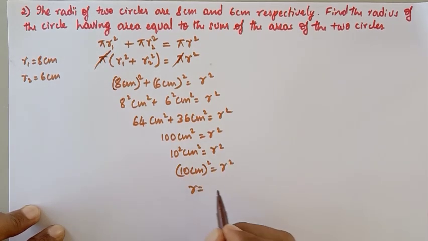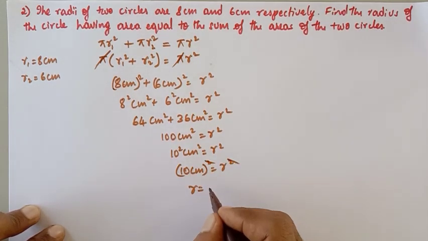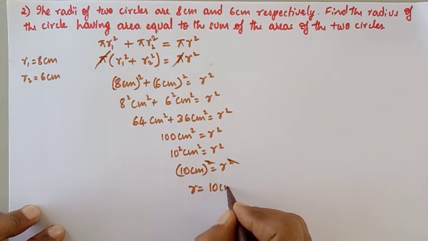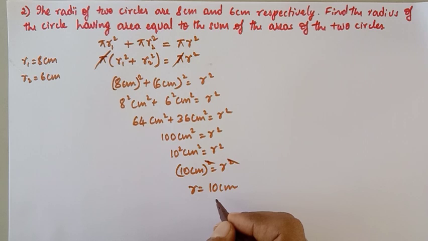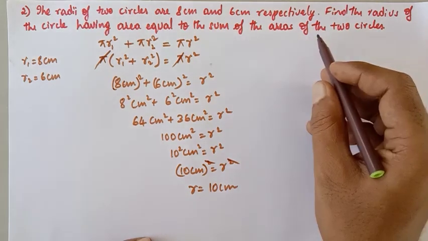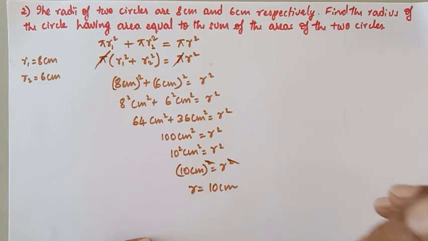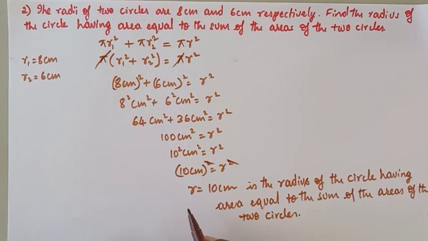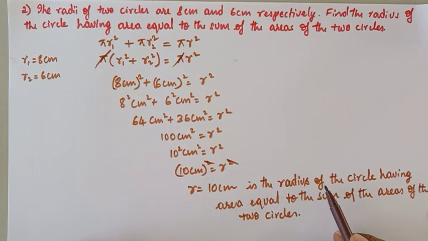Square and square cancel, so r is equal to 10 centimeter, the radius of the circle having area equal to the sum of the areas of the two circles.